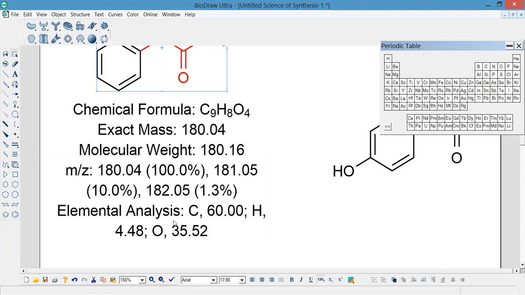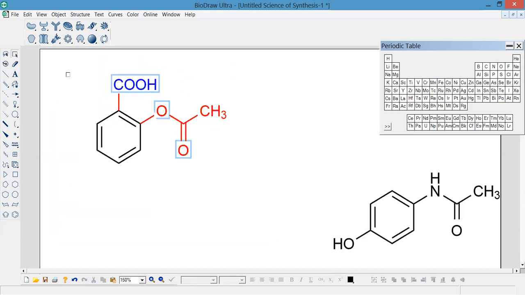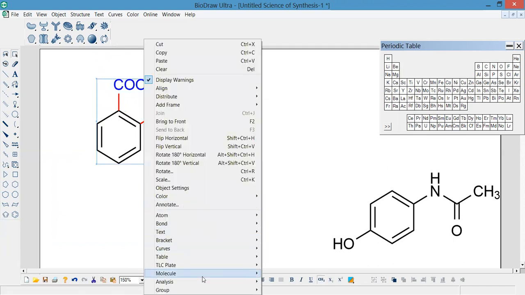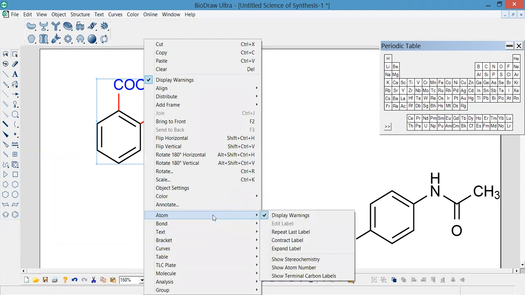These are the important analytical windows. Similarly, you can identify the different molecules and structures. You can also draw the TLC spot for a particular compound.